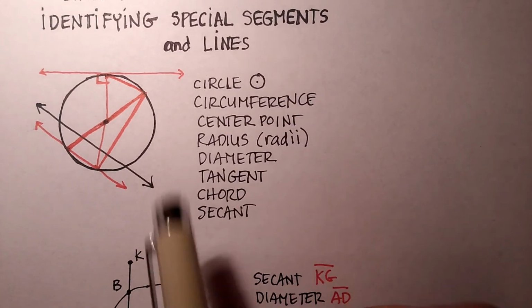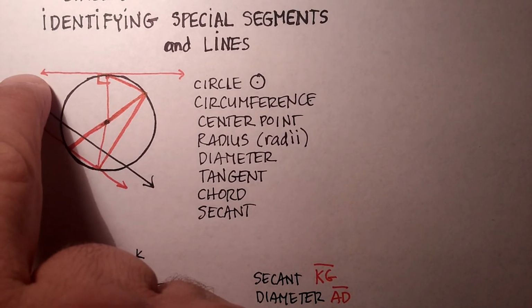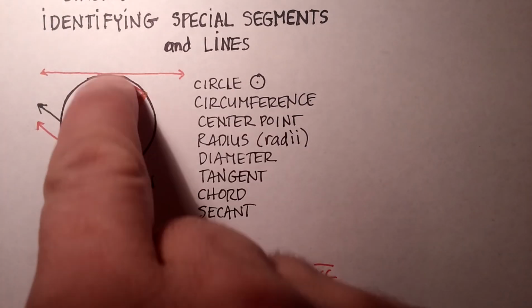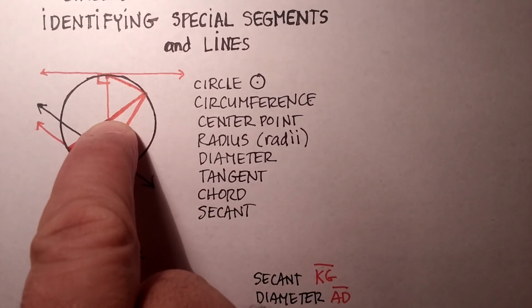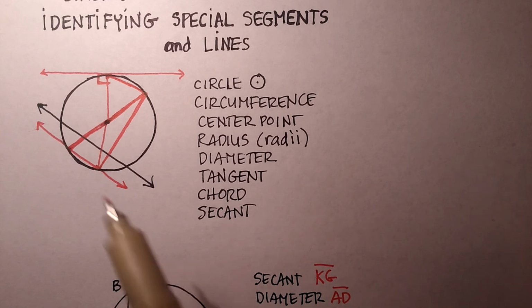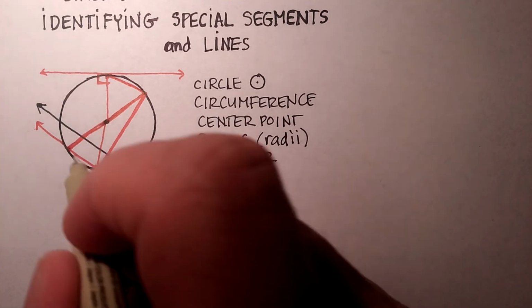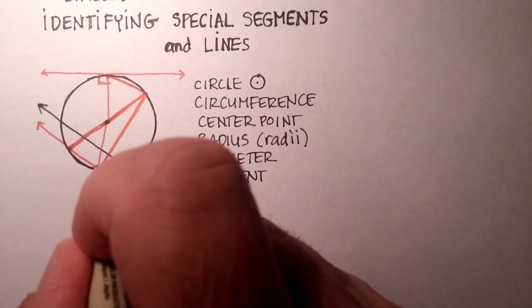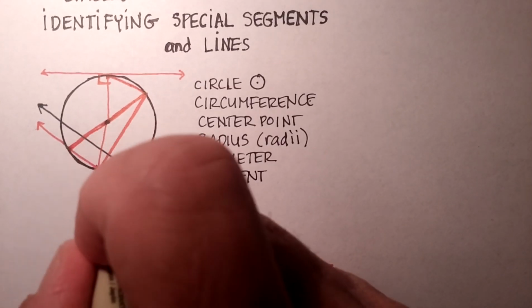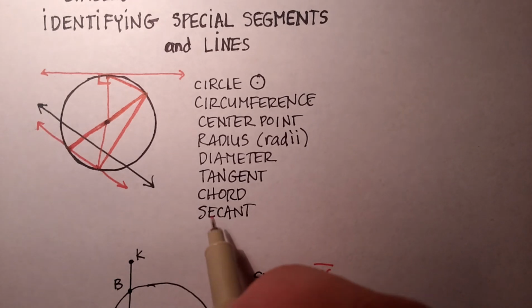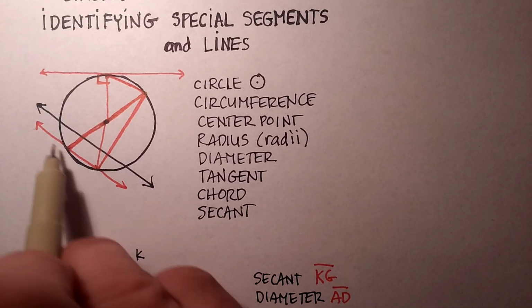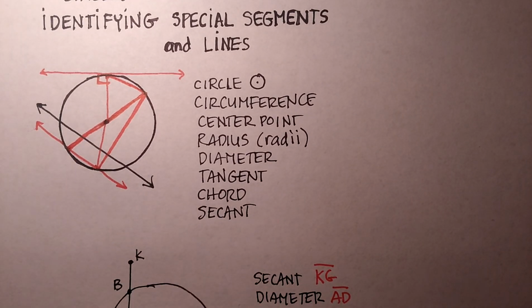Remember that a tangent creates a perpendicular line with a radius, and it touches the circle at one point and one point only. Remember, a chord is a line segment that connects 2 points on the circle. And a secant is the line that goes through the circle itself, okay, intersects at 2 points. Hope that was helpful.